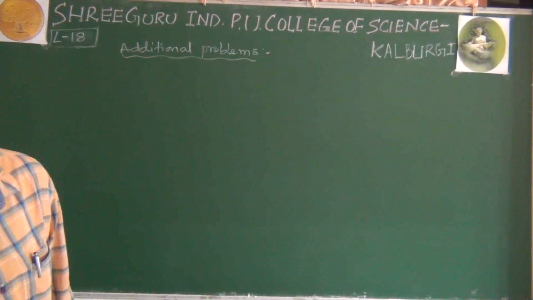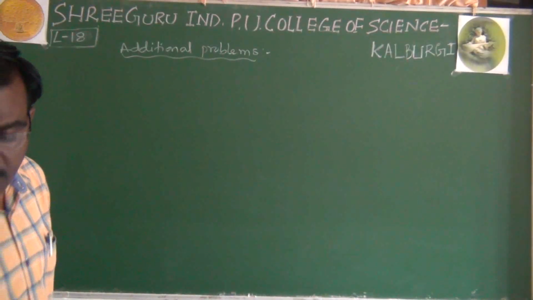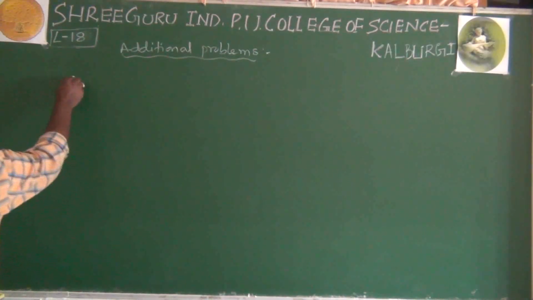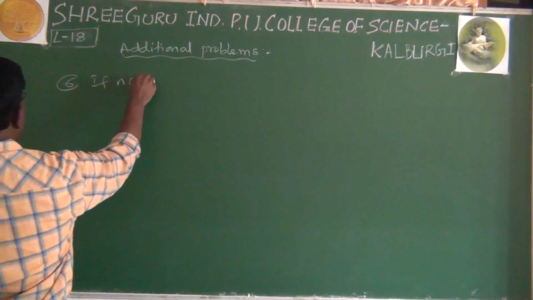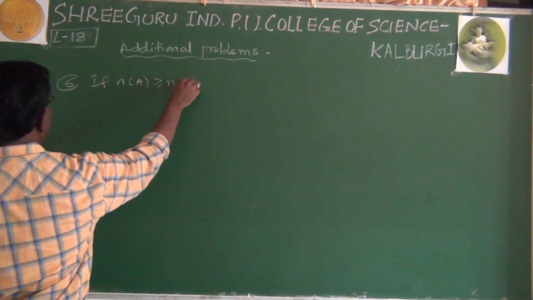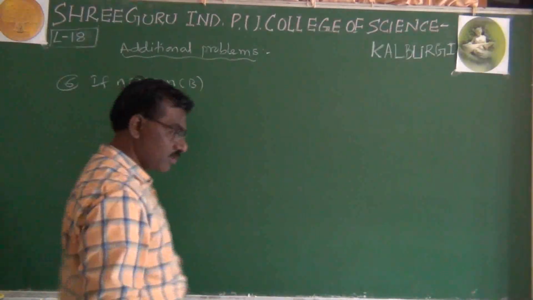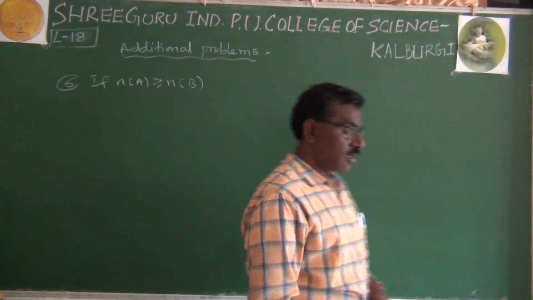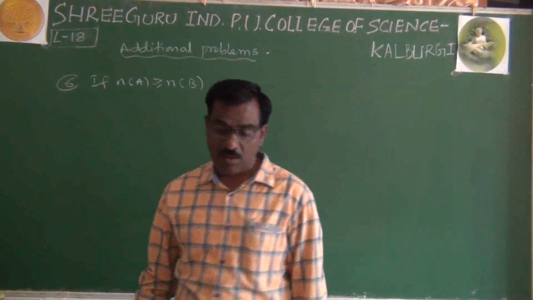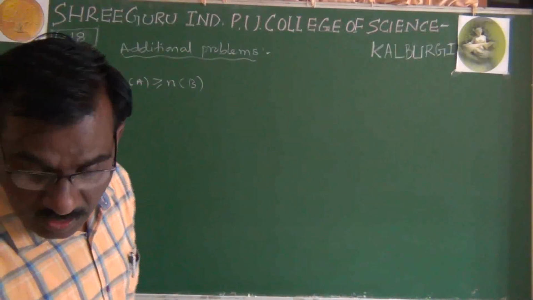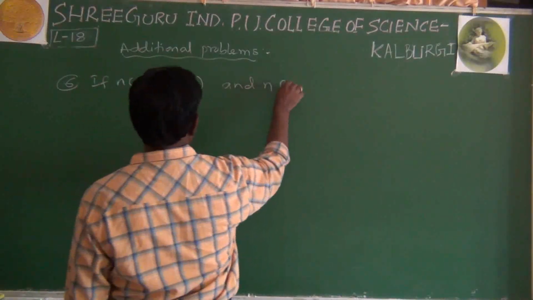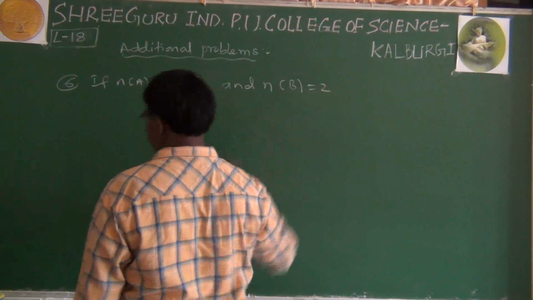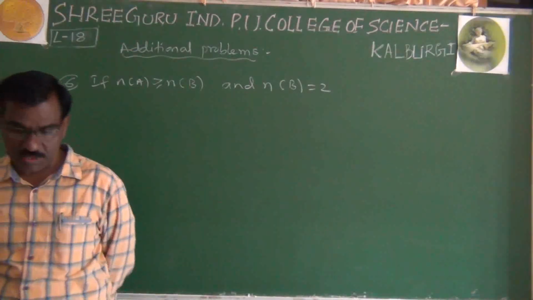The 6th point: if n of A is greater than n of B, and n of B is 2, the number of elements of set B is 2.